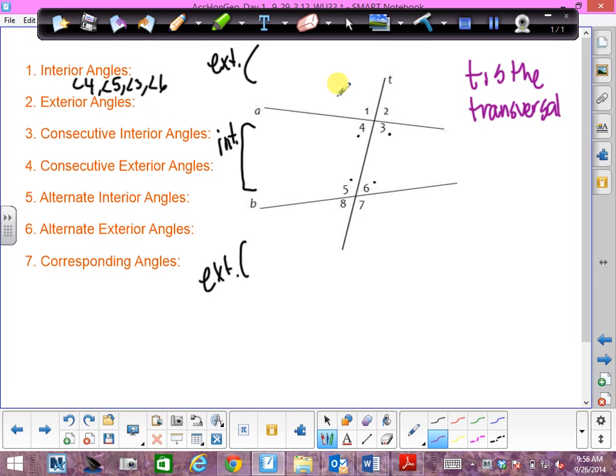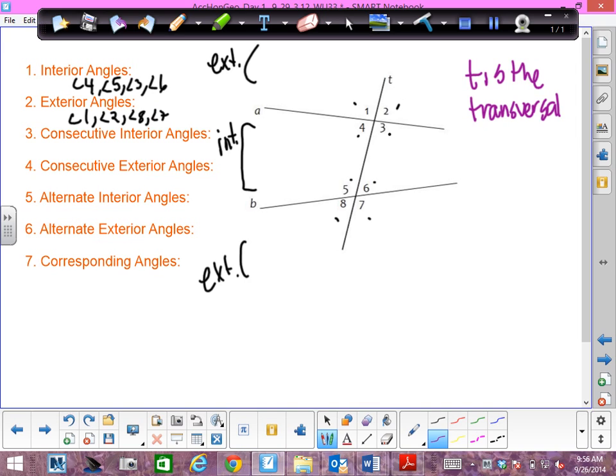And then the exterior angles would be 1, 2, 8, and 7. And so you've got to be able to identify these because they're all going to have specific properties, which we're going to talk about.